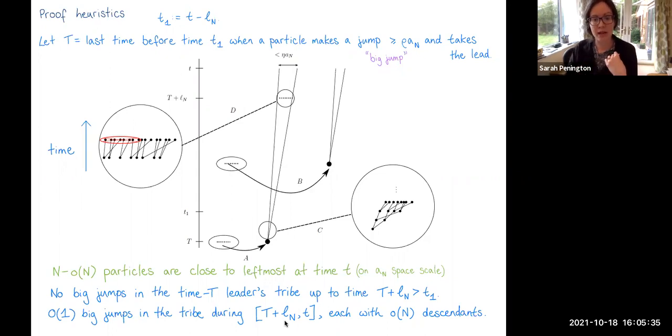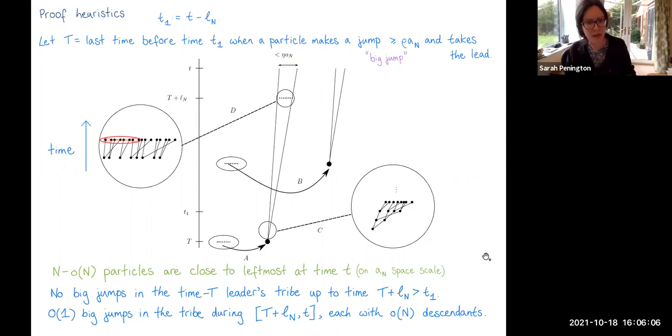So there are only little o of n particles in this tribe that have a big jump in their ancestry between time little t and capital T. Again, we can ignore those particles, and we're still left with n minus little o of n particles, all descended from this particle, and none of which have a big jump in their ancestry between these times. And you can't move far on the an space scale without making a big jump. So that's enough to get this result.